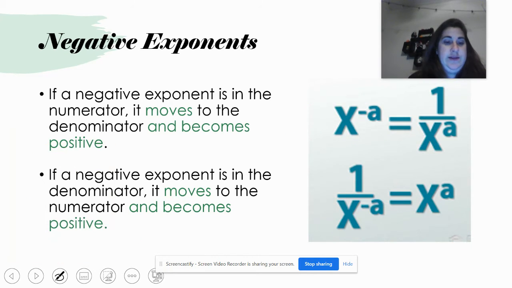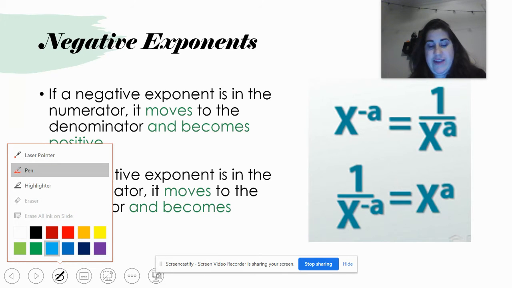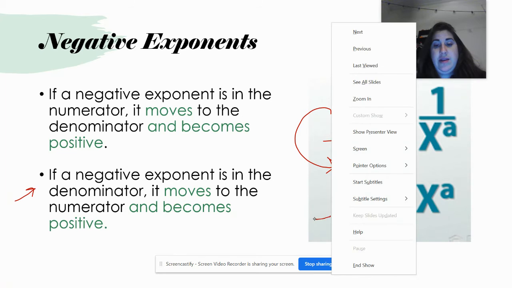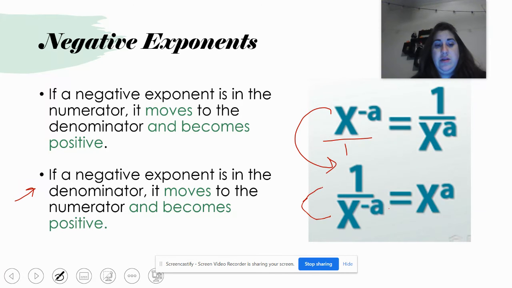All right. So in fancy words, if a negative exponent is in the numerator, then move it down to the denominator and it becomes positive. If a negative exponent is in the denominator, it moves to the numerator and becomes positive.